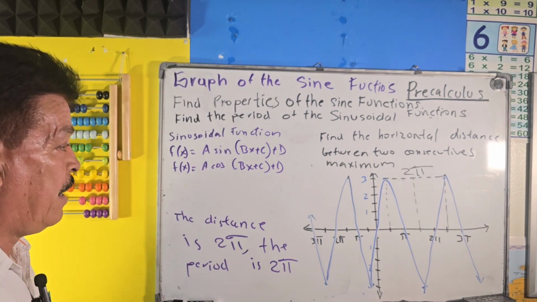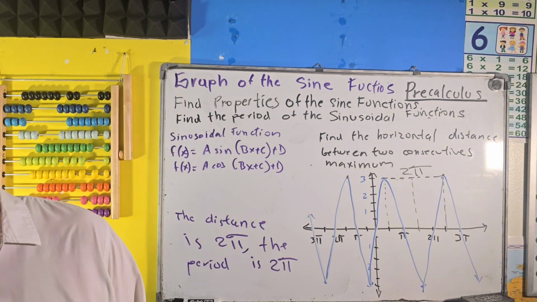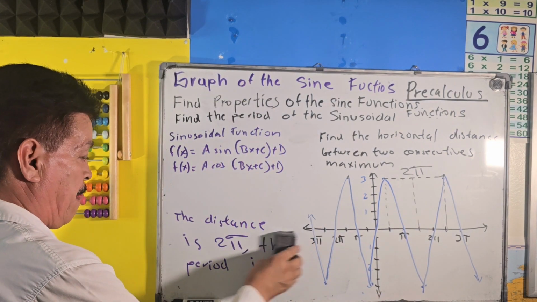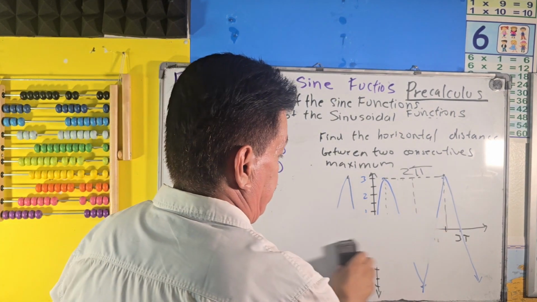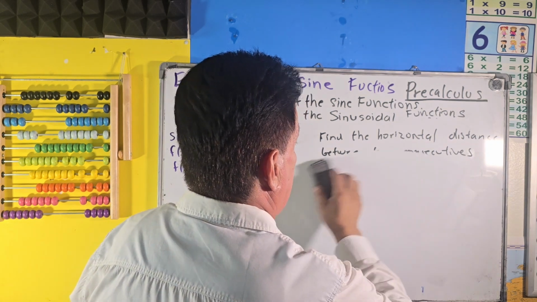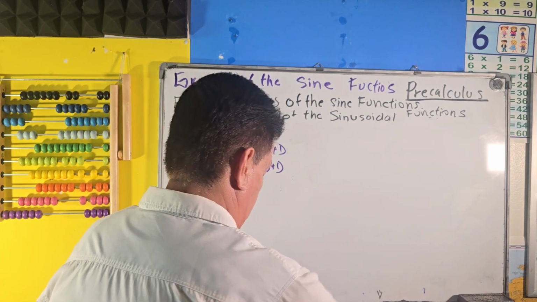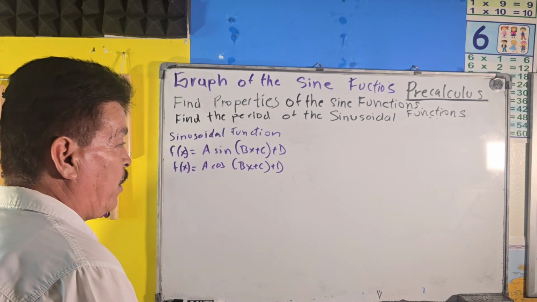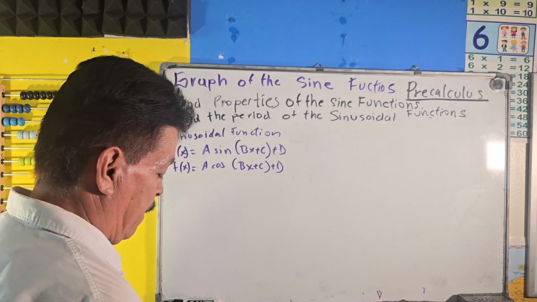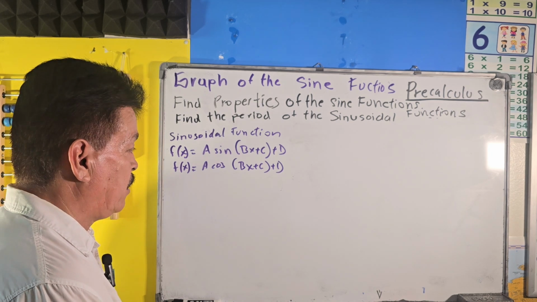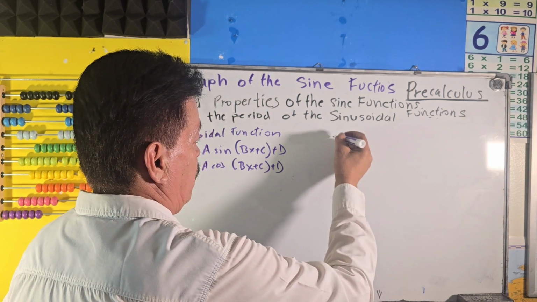Let's go with the next step. Let me write another question here to show you each step. Now we have to write equations and functions from a graph. So find the equation. Let me write the problem first.